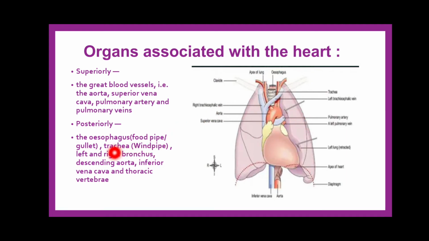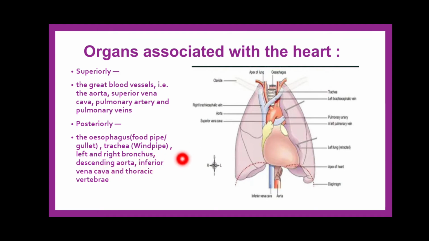Then next, from the back side, it is the descending aorta, inferior vena cava and thoracic vertebrae. Like we said, from the front there is the sternum, and from the back side the thoracic vertebrae, meaning it extends up to the region of the vertebral column. So definitely posteriorly there will be vertebrae. Which vertebrae amongst the vertebrae?